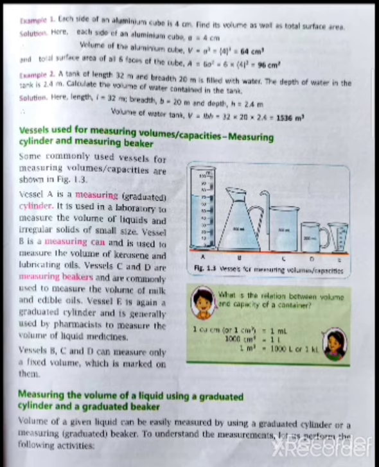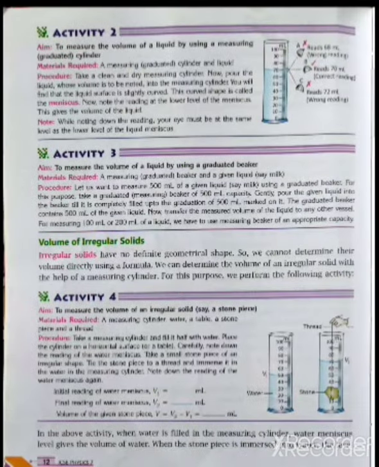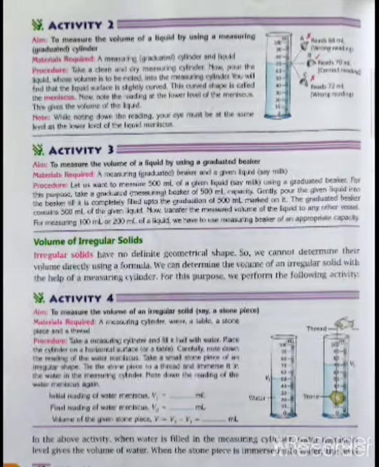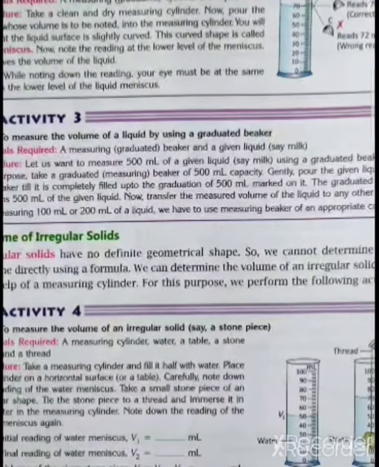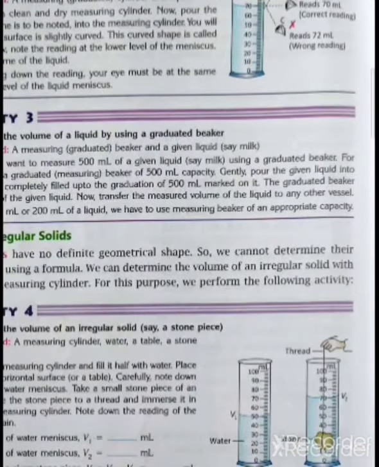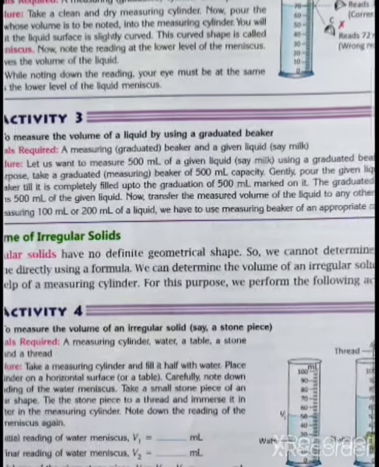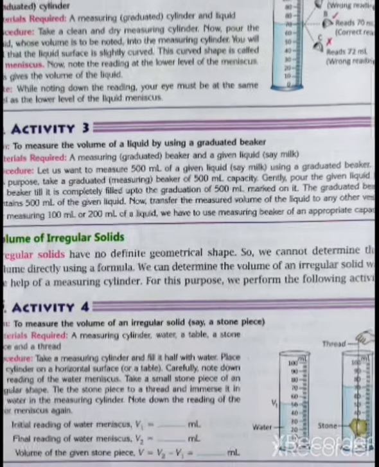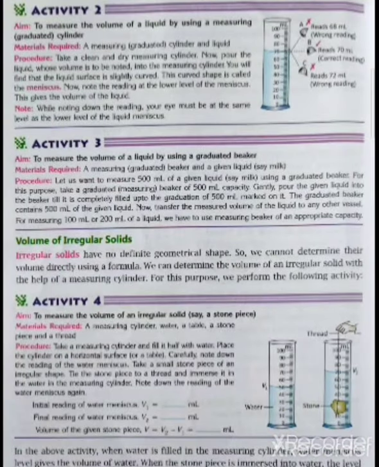Now, measuring the volume of liquid using a graduated cylinder and a graduated beaker. So in the following activity you will be able to measure the volume of a liquid by using a measuring cylinder.